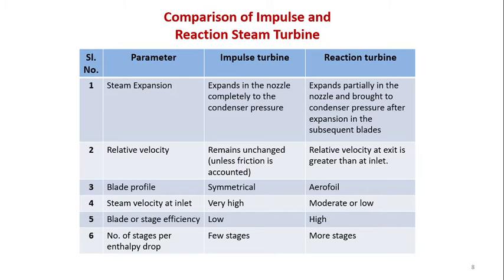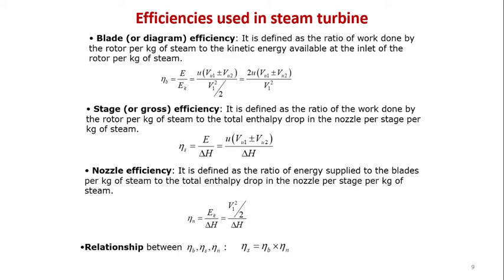Then coming to the efficiencies, these are important, guys. Efficiencies of steam turbine you must go through. The first one is the blade efficiency or the diaphragm efficiency. It is defined as the ratio of work done by the rotor per kg of steam to the kinetic energy available at the inlet of the rotor per kg of steam.